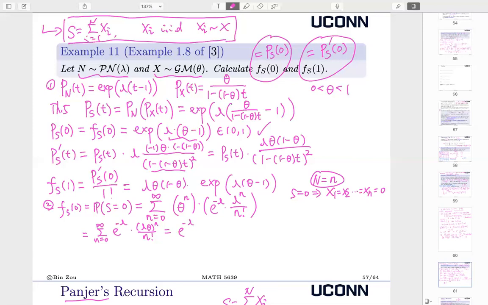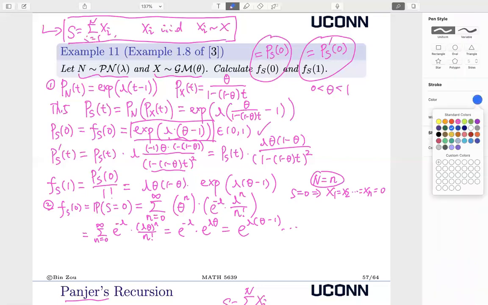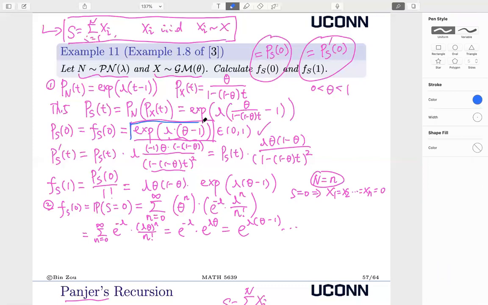So if you still recall the Taylor expansion result of the exponential function, you easily see this is exponential to lambda theta. So I can factor out a lambda. Okay, so of course this is exactly what I have done here, right? So they are the same. So if I use blue color, this is exactly the same as what I got down here. So checked.